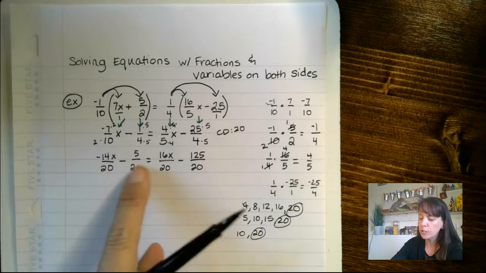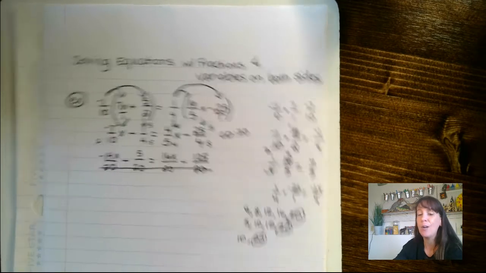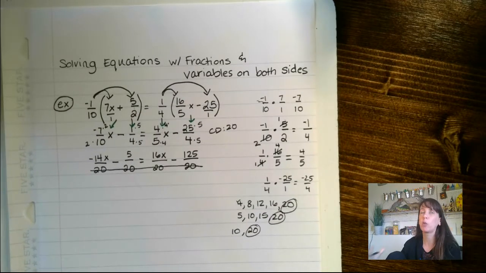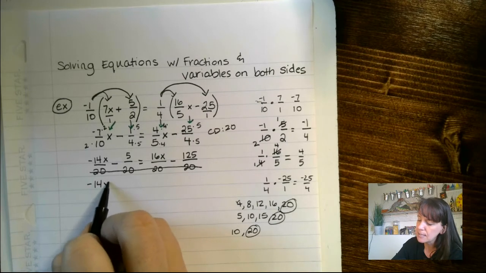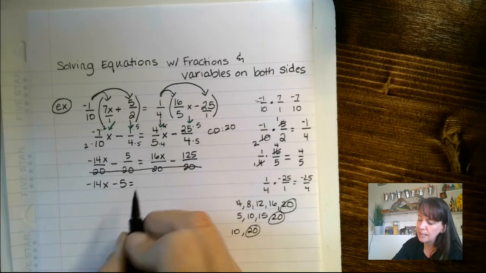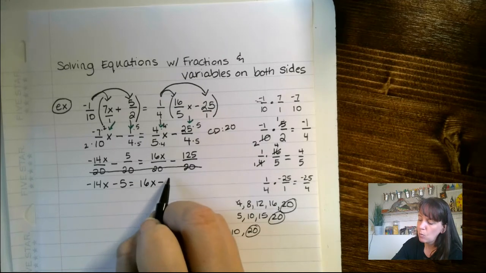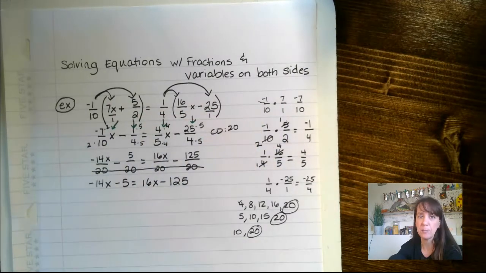Now, all of our chunks here have a common denominator, which means we can just cancel that denominator out, and now suddenly we don't have any more fractions. So we have negative 14x minus 5 equals 16x minus 125. And this looks a lot more manageable than this one that we had all the way at the beginning.